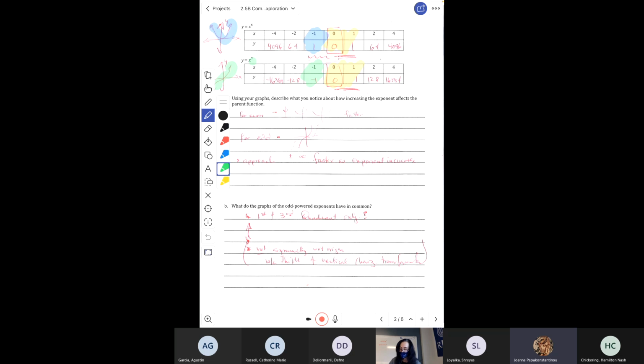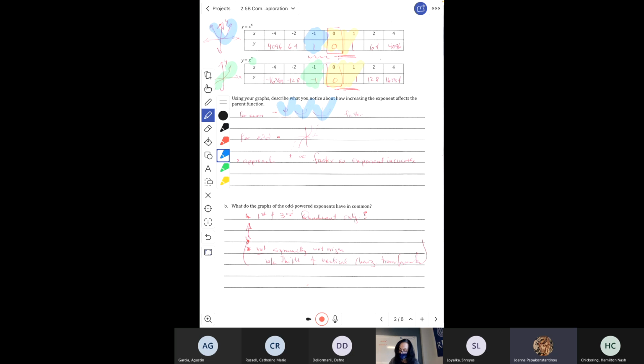For even powered parent polynomial functions, I wanted you to notice that we were still just opening, let's say, as we read the graph left to right, but as we increase, it's either getting fatter, wider, or not.